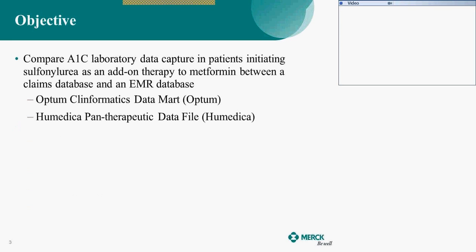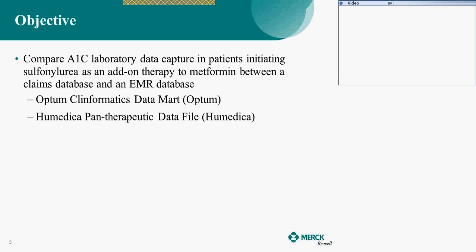So we know the difference between claims and EMR, and we have this opportunity to put the Humedica database in-house. We are interested in quantifying how much difference there is between the two databases in terms of laboratory data capture. HbA1c is one of the key measures in our diabetes franchise.